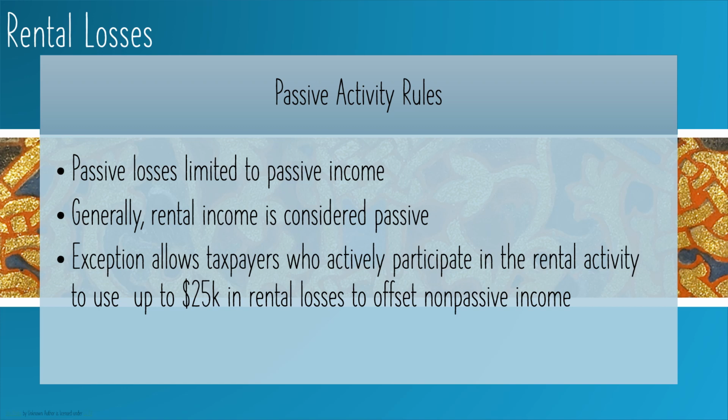Your active types of income are like your wages and your interest, things that the taxpayer is actively pursuing. They're doing things during the course of their days to get this income. And passive income is more like, it's happening in the background and money is just coming in. So there is an exception to the rule that rental income is considered passive.